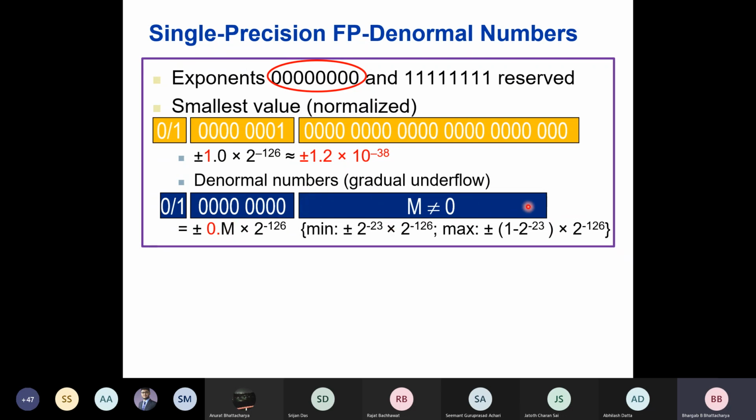All bits are 0 excepting the least significant bit, because all 0 cannot be used, as it would be the special case. So the minimum is just the last bit being 1 and all others 0. That means this is 2 to the power minus 23 times the exponent term, which is fixed. And the maximum is when all bits are 1, which is just 1 minus 2 to the power minus 23. This time it is 1 minus because we don't have the leading 1, times the same exponent.